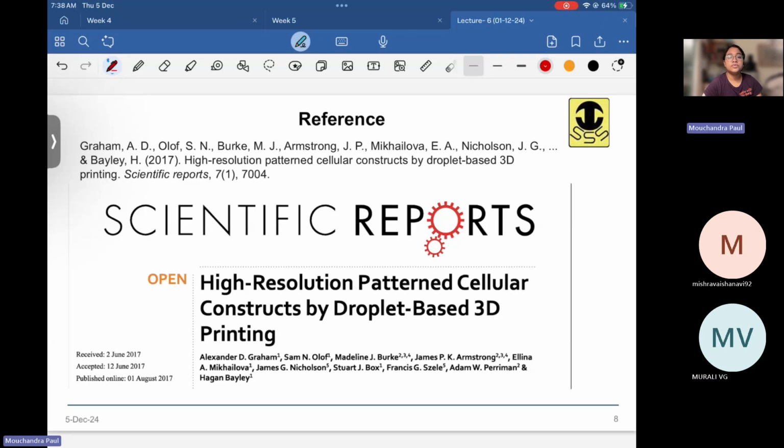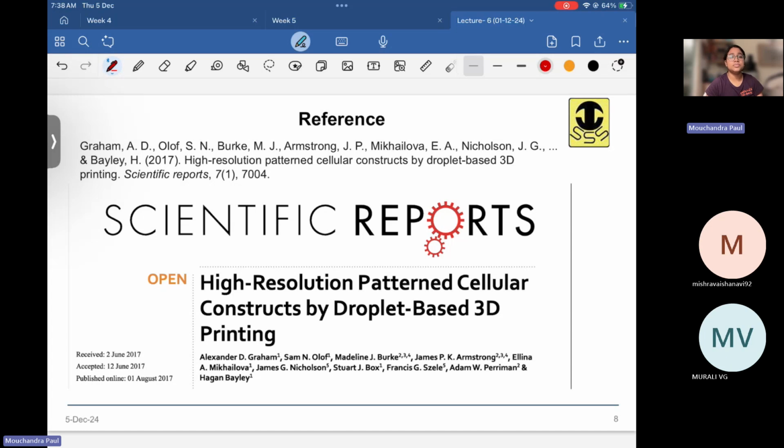So if your application has to use a low viscous material, and you have only the extrusion machine, then you have to modify your bioink a bit to add viscosity.